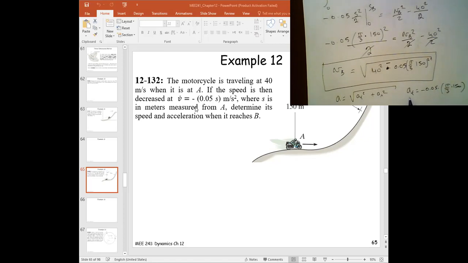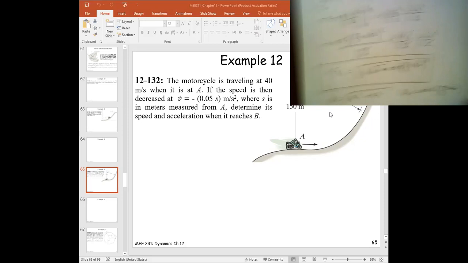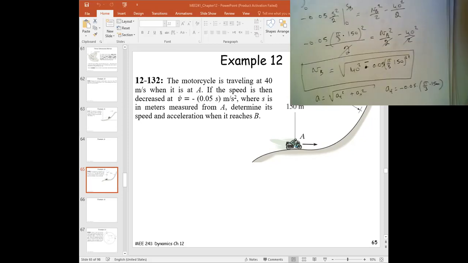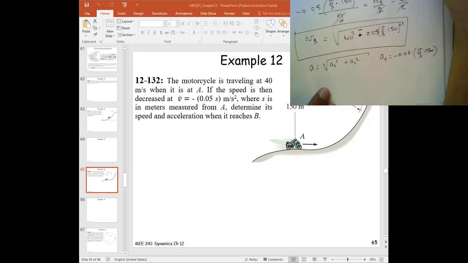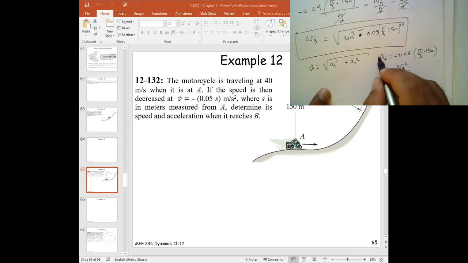If I want to find AN, I need VB squared, so AN is VB squared over R. You plug these two values in, and you can find the magnitude of the acceleration at point B.